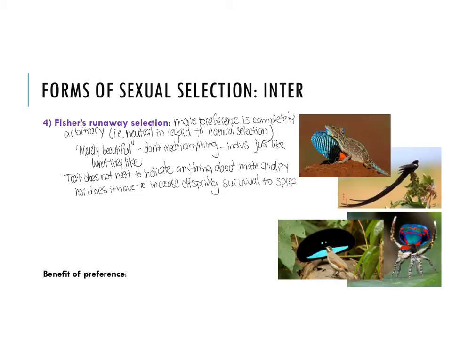So this trait can spread even if it has no information about mate quality and it doesn't increase offspring survival. All it needs to spread is for the mate to prefer it.